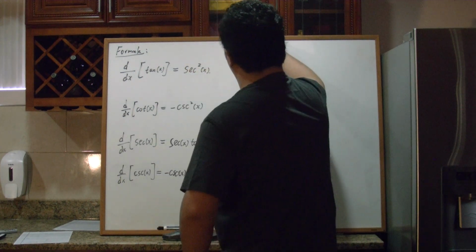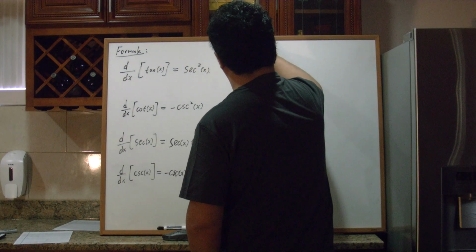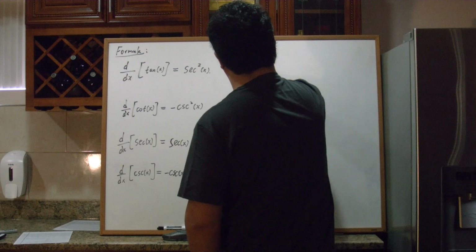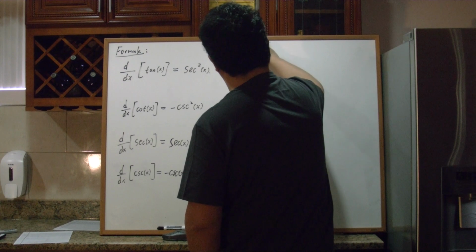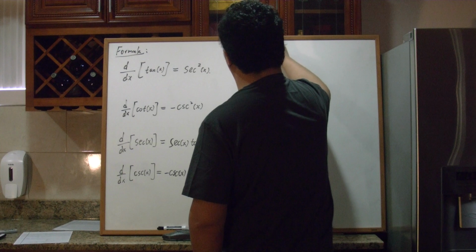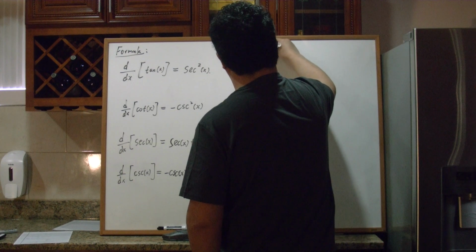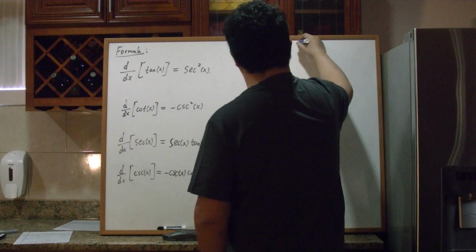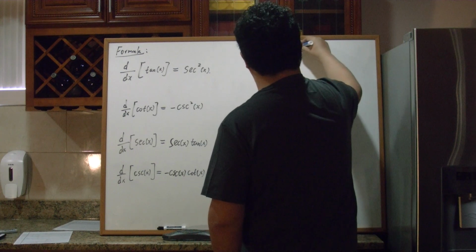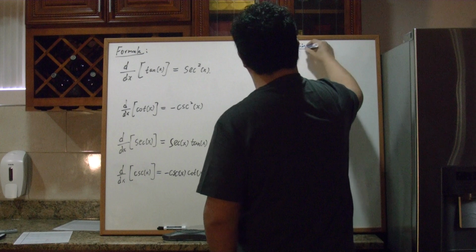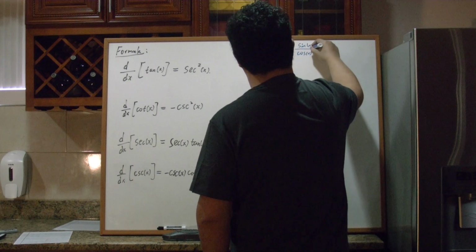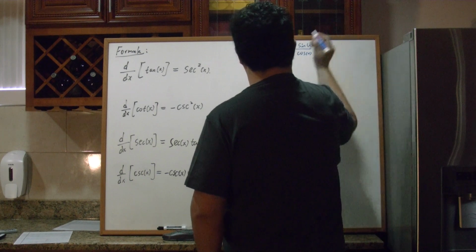Alright, so we take the derivative of tangent to prove, or not exactly prove, but illustrate. The tangent is sine over cosine. The derivative of that.